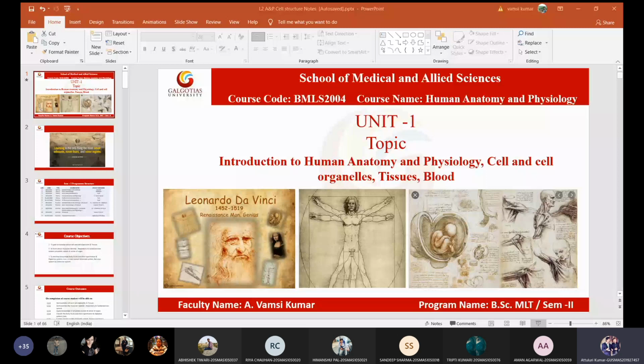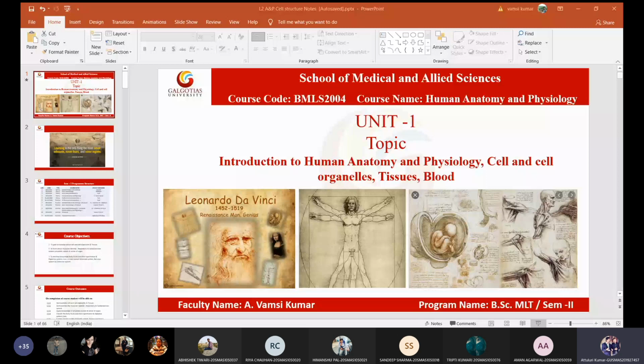These are the types of tissues we have in our body: epithelial tissues, connective tissues, muscular tissues, and the nervous tissue. Epithelial tissue will be present on the outer membrane or outer layer of any organs in our body, whereas connective tissue is something that will connect two different types of tissues. For example, blood, adipose, cartilage.